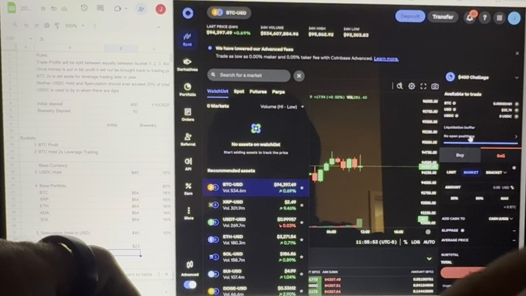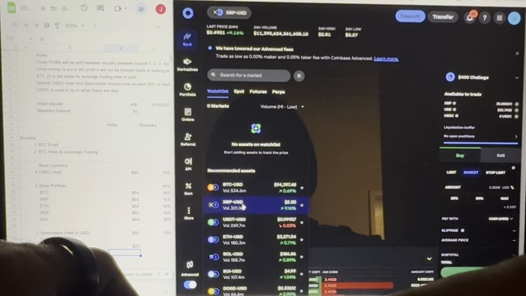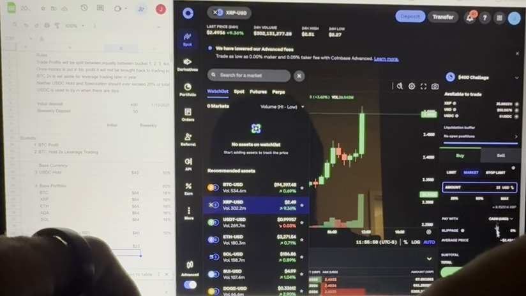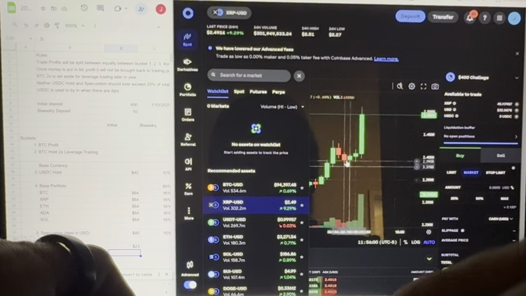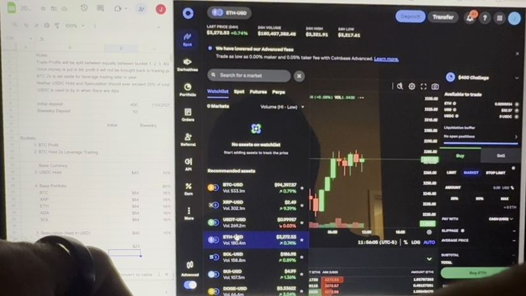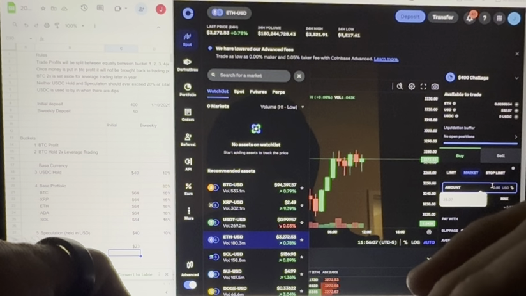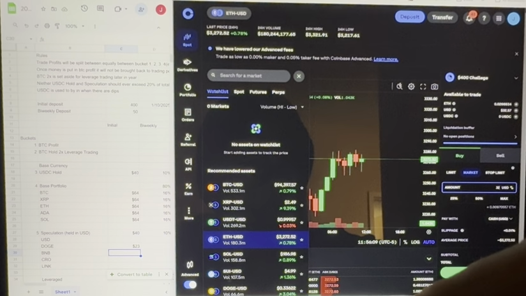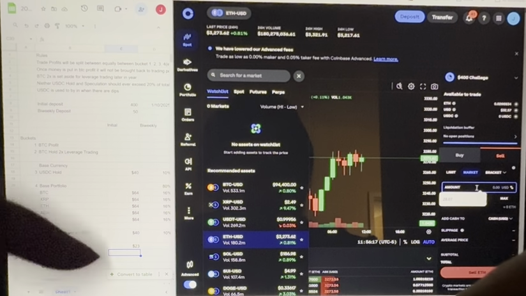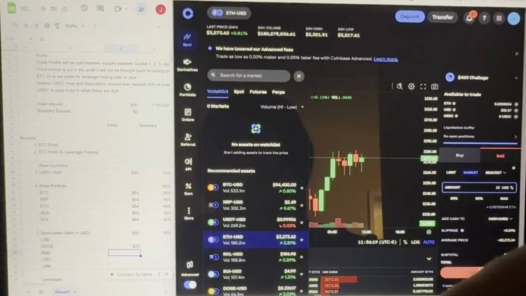Sell. We're going to sell 23 of XRP. 23. Somehow I did my math wrong again. That's why I use spreadsheets, because I don't like having to be wrong. 23. Oh, shit. 23.